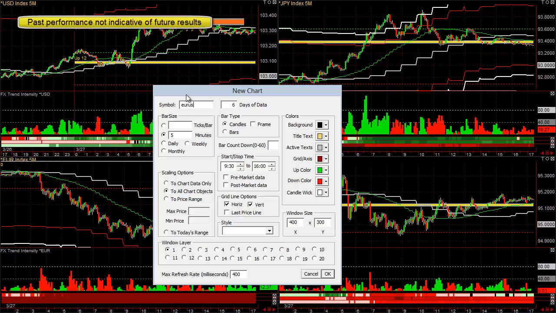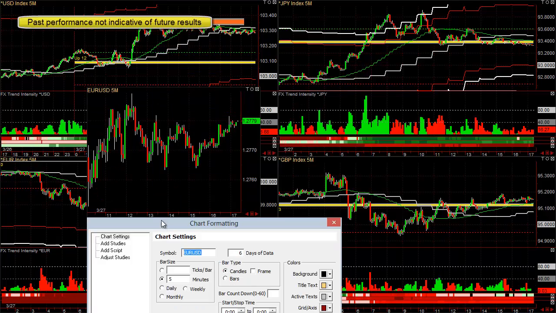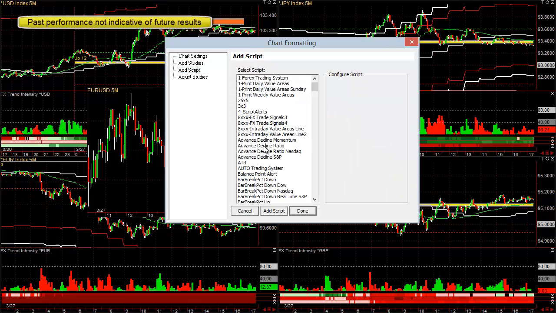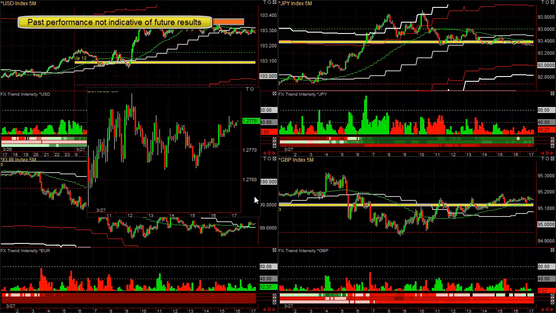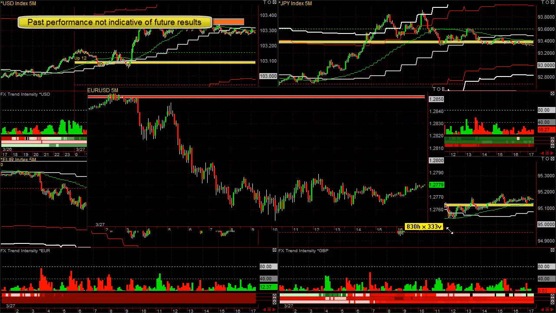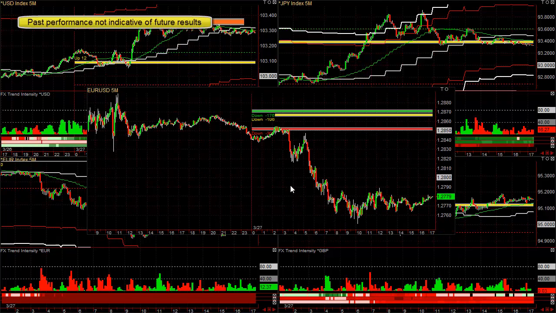If you add the value areas onto a chart, you will see the number of pips up or down. FX value areas will show you how many pips actually all the levels went up or down.